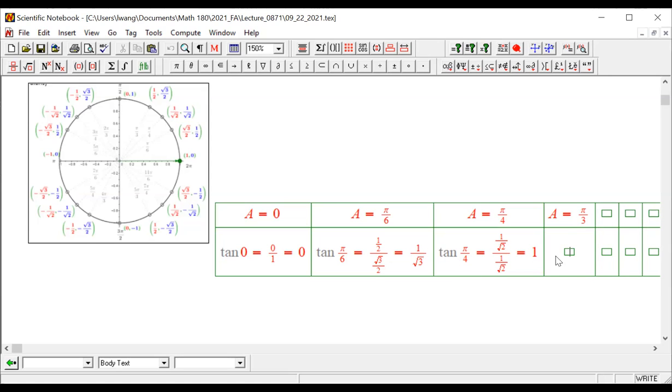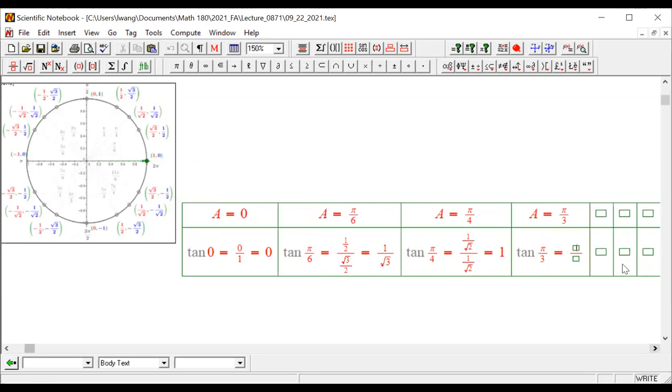Okay, so in that case, tangent of pi over 3 is going to be the blue divided by red, root 3 over 2, the red is half, and equals root 3.